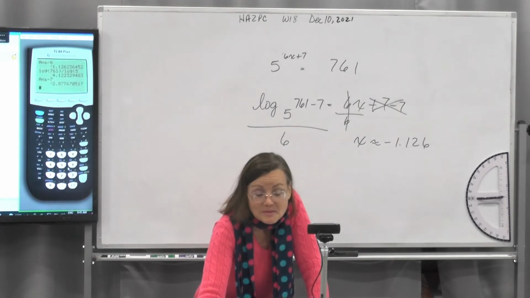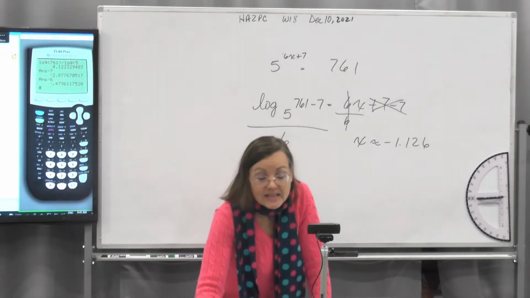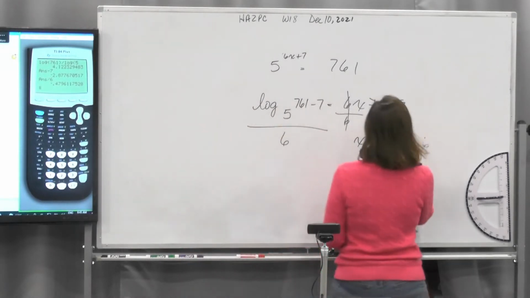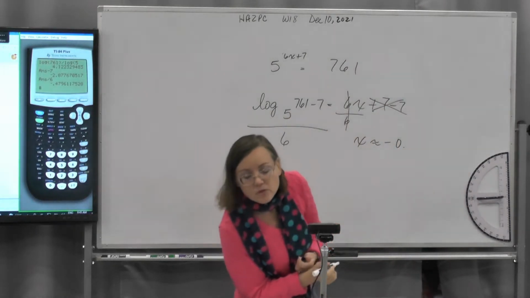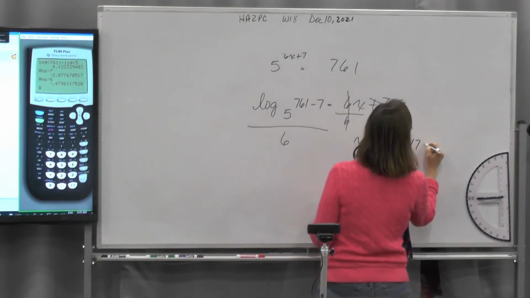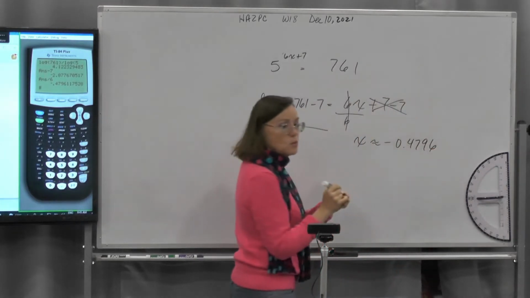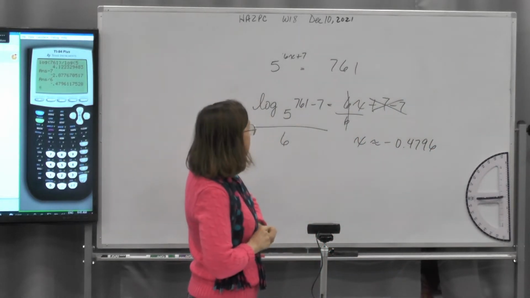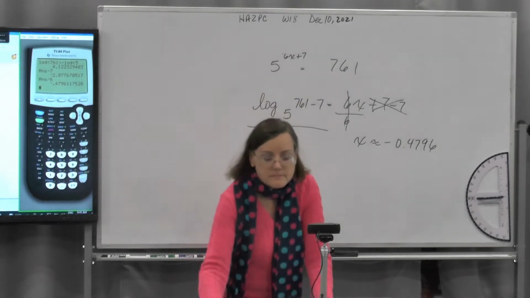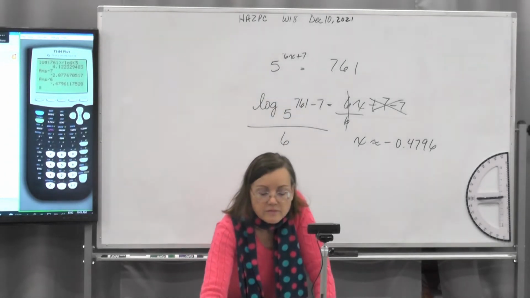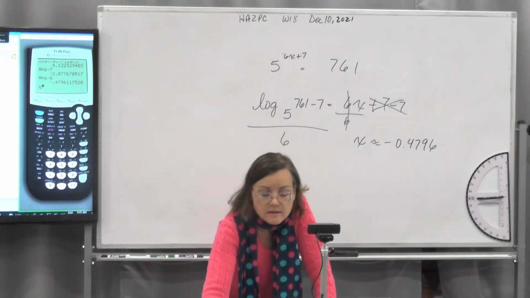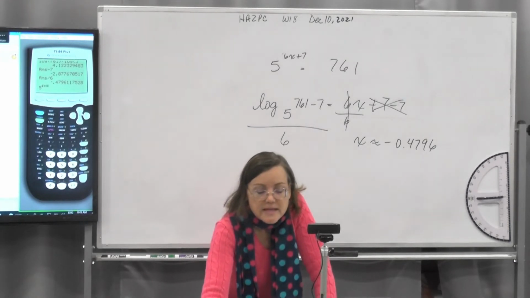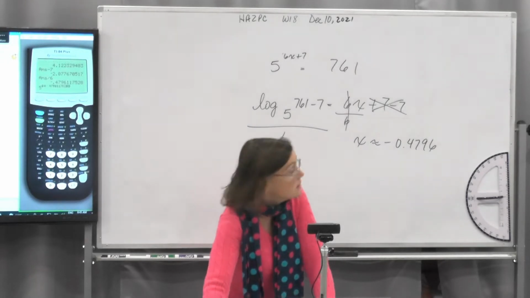I would have caught it because I was going to plug it in, but it wouldn't work. And then I'm going to divide by 6. And now I'm going to get negative 0.4796. Stop when I get to the 1s, right? Plug that back in. So now I'm going to do 5 raised to the 6 times that number, right?